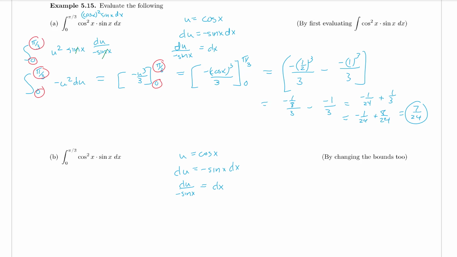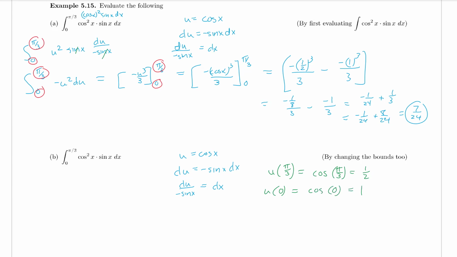Now, in order to change the bounds, I can evaluate my u at the boundaries to figure out what the boundaries would change to if we're writing them in terms of u. So u of pi over 3 is equal to the cosine of pi over 3, which is equal to 1/2. And then u of 0 is equal to the cosine of 0, which is equal to 1.